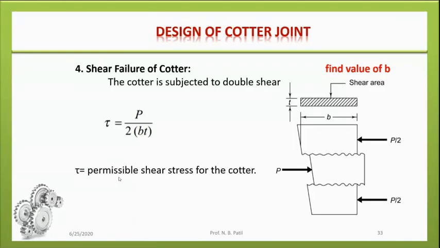So first of all, remember, we find the value of B twice, and out of that the bigger value of B is considered, one from this direct shear stress, and another from the bending failure of the cotter that we will discuss later. Understand? Now let's move to the next slide.